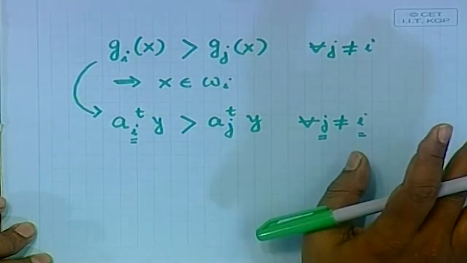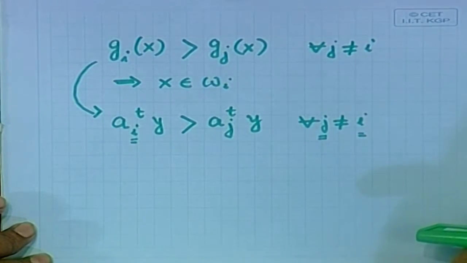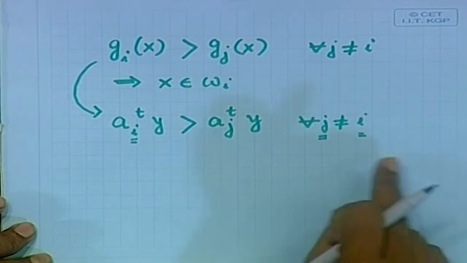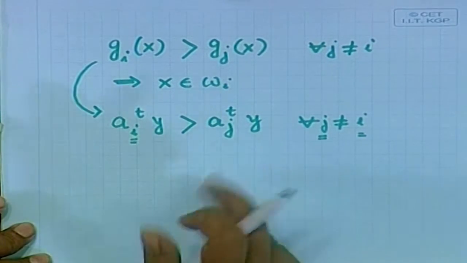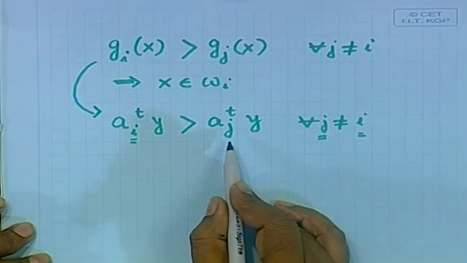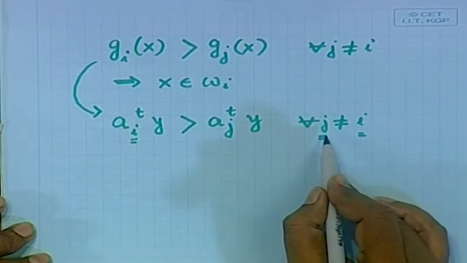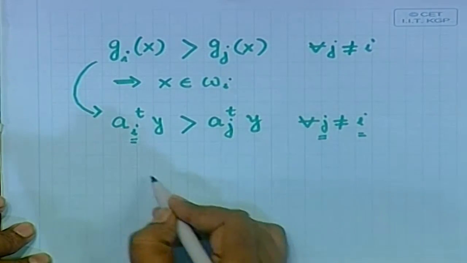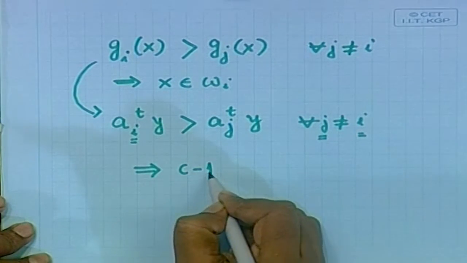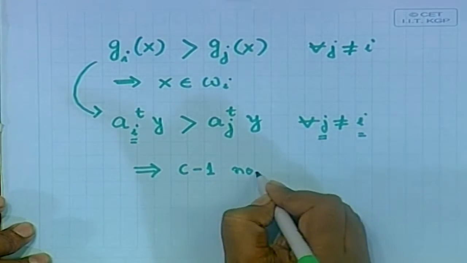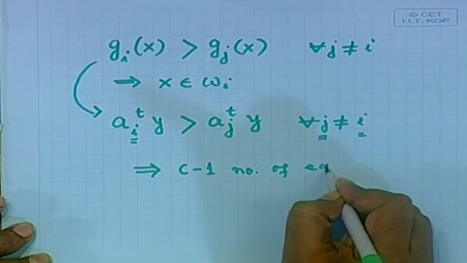That means j can have C minus 1 values. The one which is left out is equal to i. So this inequality, a_i transpose y greater than a_j transpose y for all j not equal to i, is actually equivalent to C minus 1 inequalities.